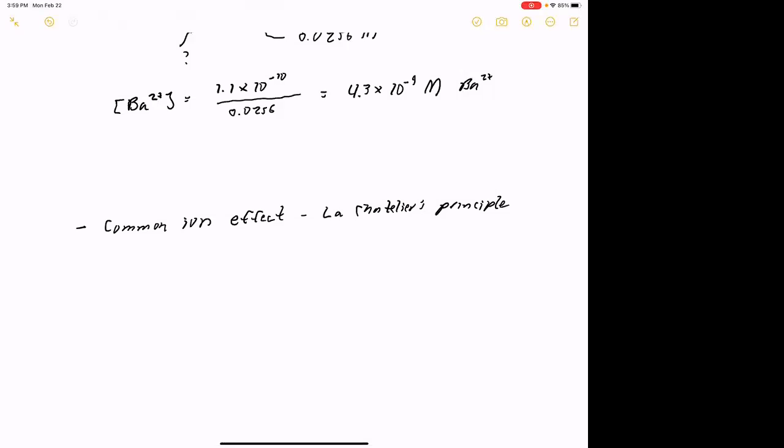So let's just think about barium sulfate to begin with, and then we'll talk about applying a stress to it. This is the same reaction or situation that we've been talking about all along. Barium sulfate is defined by a KSP, and we're going to let that dissociate to give us barium ion and sulfate ion.